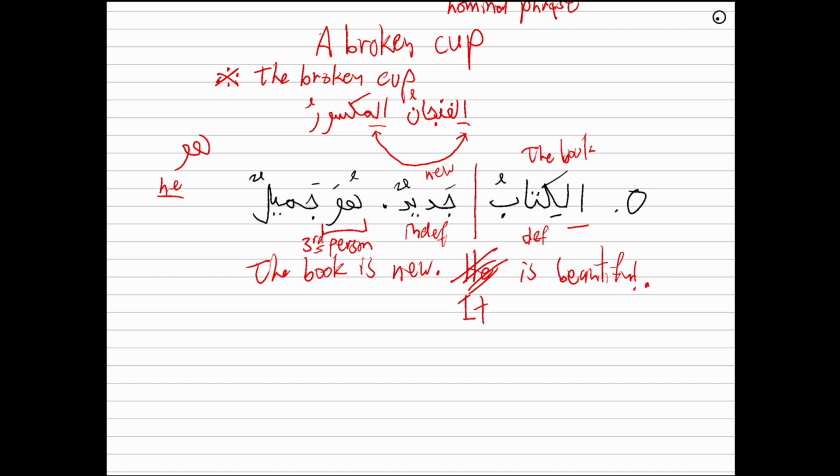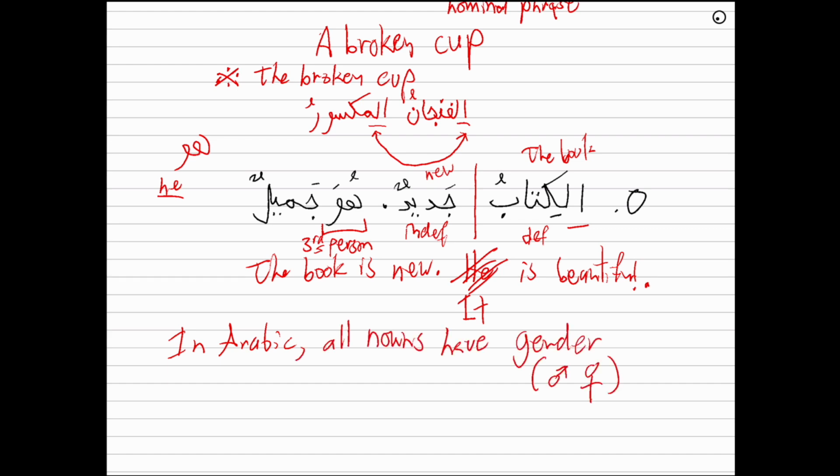Why is it is beautiful? Well, because in English nouns don't have gender, but in Arabic, all nouns have gender. And there's two genders, masculine and feminine. All nouns have gender in Arabic.